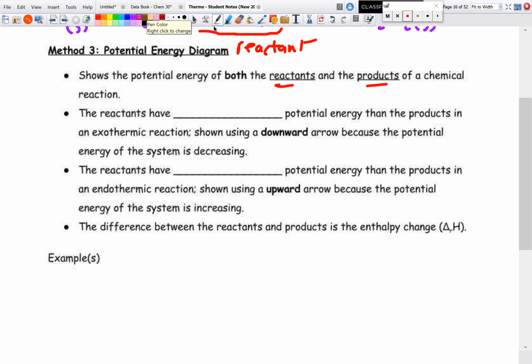If the reactants have higher potential energy than the products, it is an exothermic reaction, and we use a downward arrow because the potential energy of the system is decreasing. That energy needs to go somewhere, in this case into the surroundings.